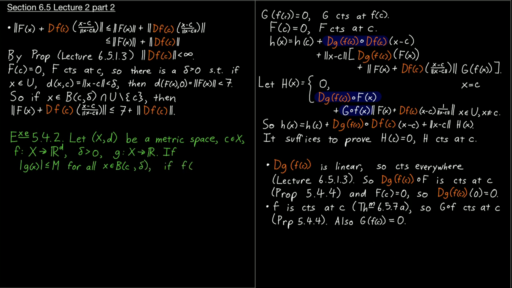If F of C is 0, that is the 0 vector in R^D, and if F is continuous at C, then FG, that's also a function from X to R^D, is also continuous at C. So the idea here is it's well known that if you multiply two continuous functions, you get a continuous function.